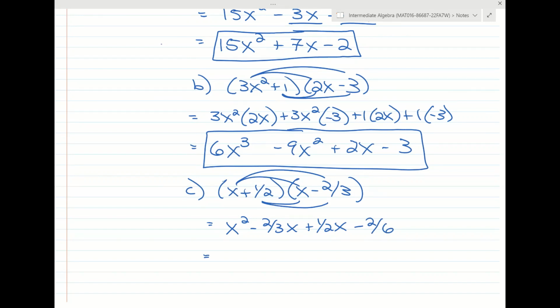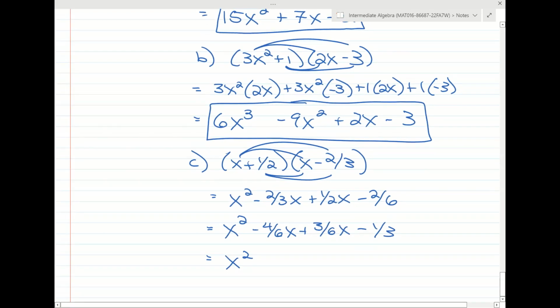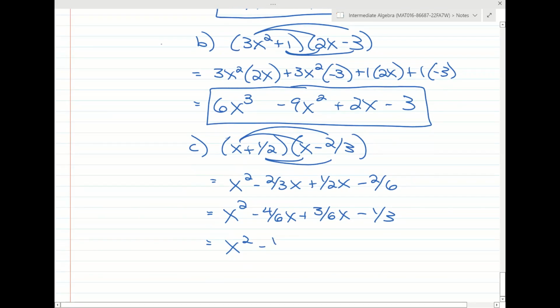So combining our like terms here, we just need a common denominator. Negative 2/3 is the same as negative 4/6 plus 3/6. It gives us, looks like it's just going to be negative 1/6 x minus 1/3.